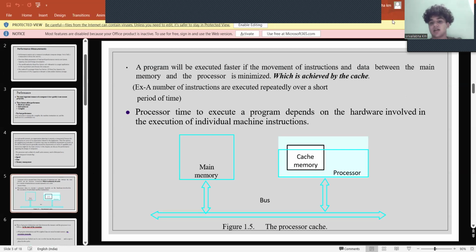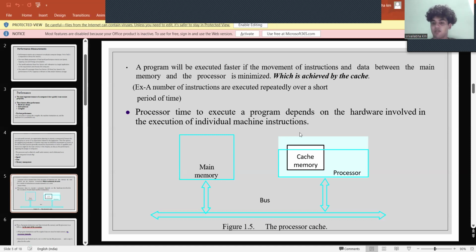Next, the cache is important here. A program will be executed faster if the movement of instructions and data between the main memory and the processor is minimized, which is achieved by the cache. Here the cache plays an important role. Every instruction or data stored in the processor is also copied by the cache.